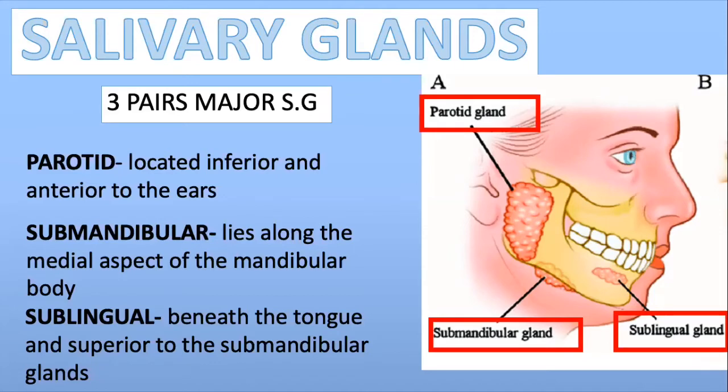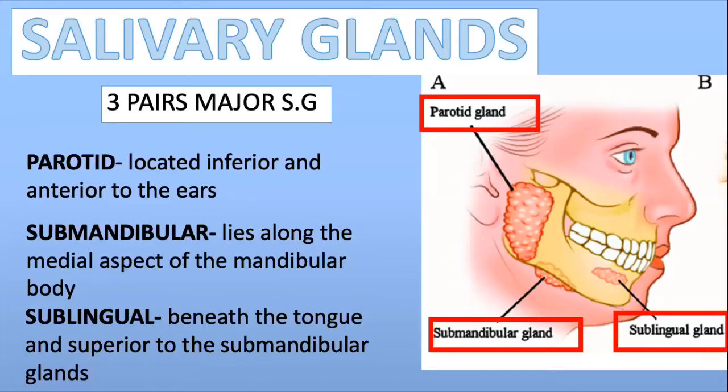So for the parotid gland, ang nagde-drain ng saliva from the parotid gland is the Stenson's duct. The submandibular gland naman, yung duct na nagde-drain ng saliva from the submandibular gland is the Wharton's duct. And the sublingual gland naman is we have the Bartholin's duct. So again, itong mga duct na ito, the Stenson's, Wharton's, and Bartholin's are ducts which drain the saliva.